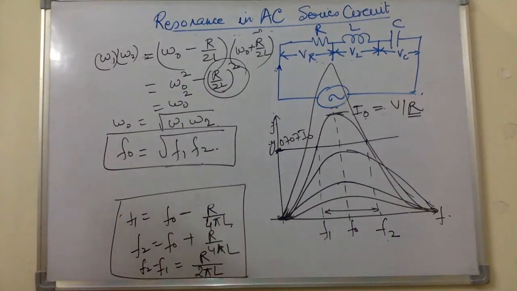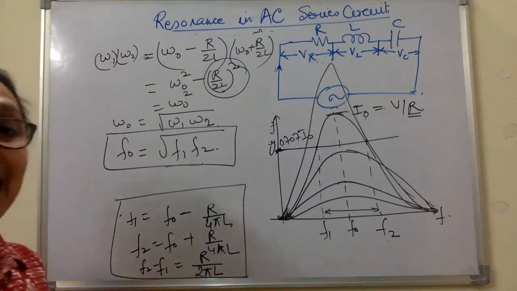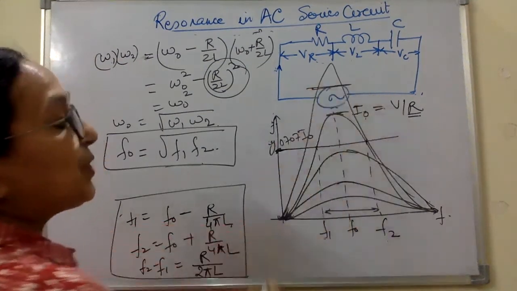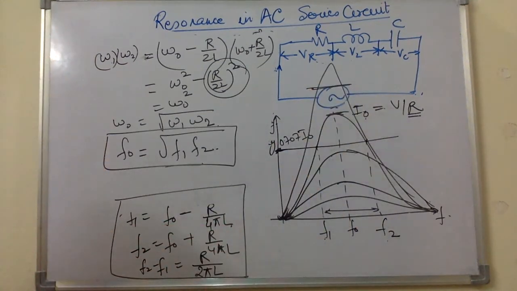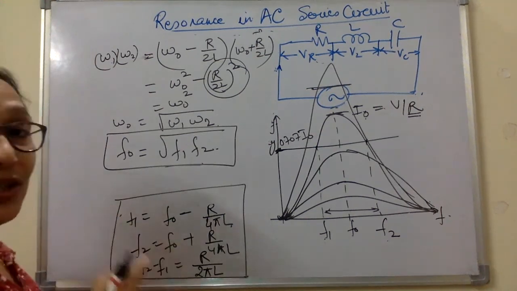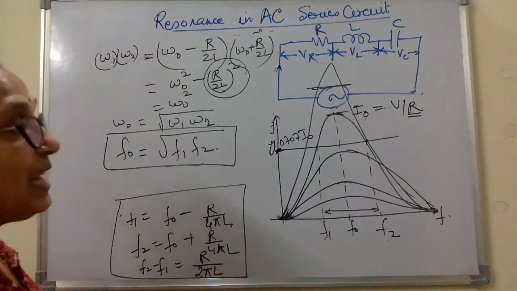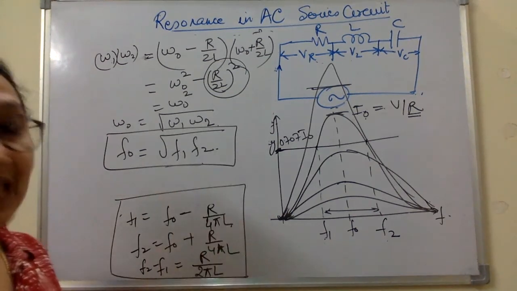And when the value of R is less, then the bandwidth will be less. If the bandwidth is less, that can be used in tuning of the circuit. And if the bandwidth is more, you can use it for a better response of the circuit for a wide range of frequency. This is known as the sharpness of the curve, dependent on the resistance of the given circuit.